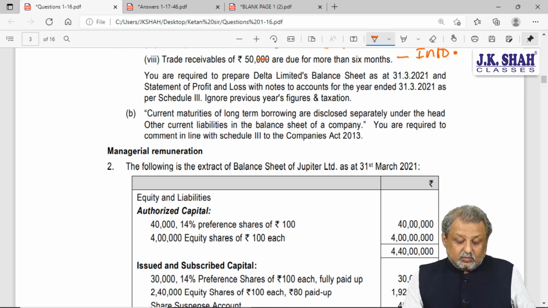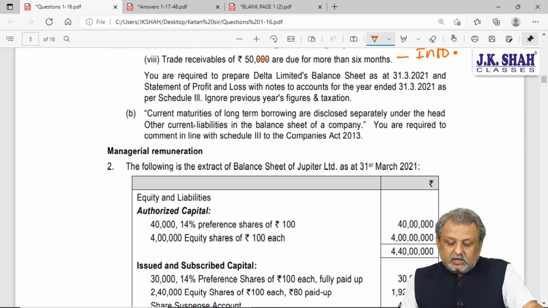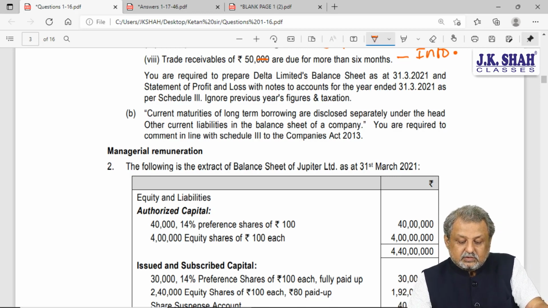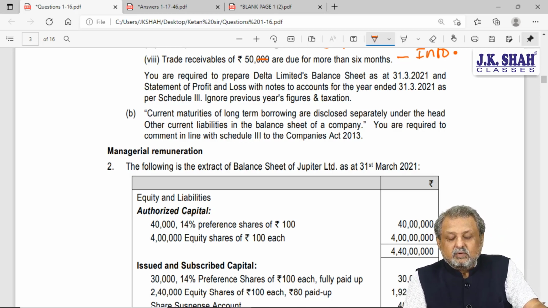Now, question B. They are saying current maturities of long-term borrowing are disclosed separately under the head other current liabilities in the balance sheet of a company. You are required to comment in line with Schedule 3 to the Companies Act. Now, as far as Schedule 3 is concerned, with the notification that has come on 24th March 2021, it is to be shown under short-term borrowings and not other current liabilities.